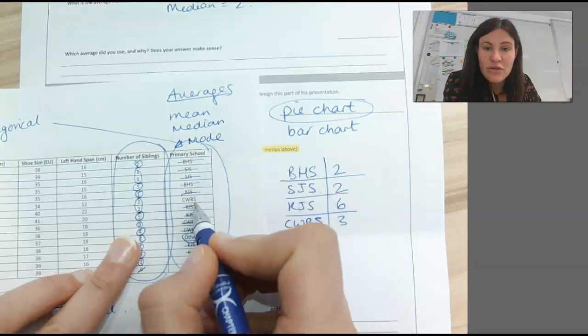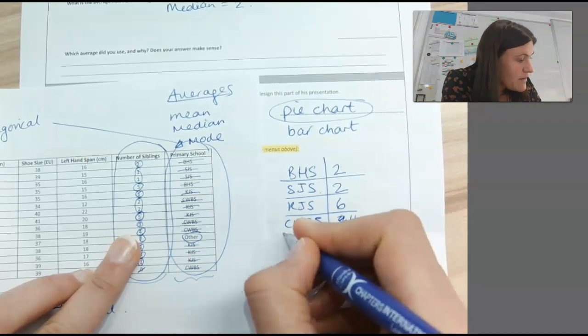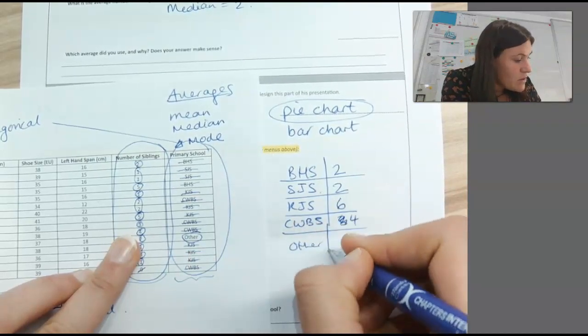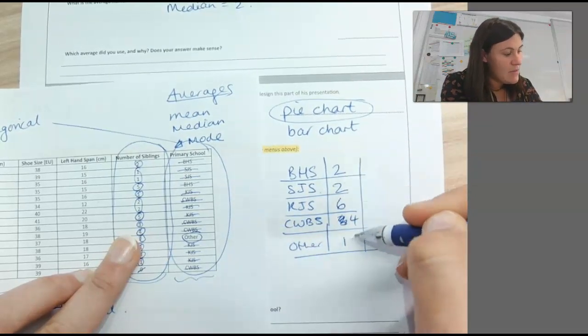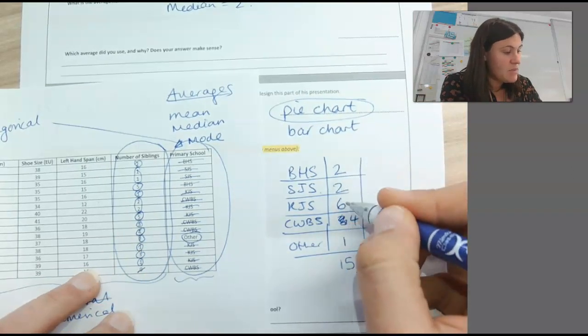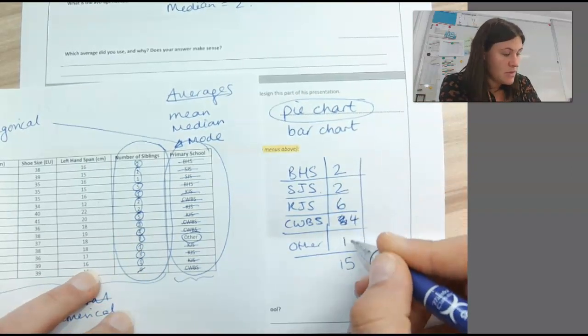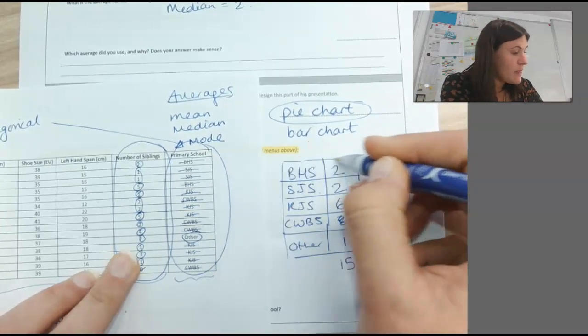Okay, that's good. It's good to cross them off as we go. So if we miss one, actually that should be 4. And then there's an other, which is just 1. And a nice way to check I've got everything is to add these up. I know that I've got 15 students in my sample. 2 plus 2 plus 6 plus 4 plus 1 is 15. So I know I've got them all.